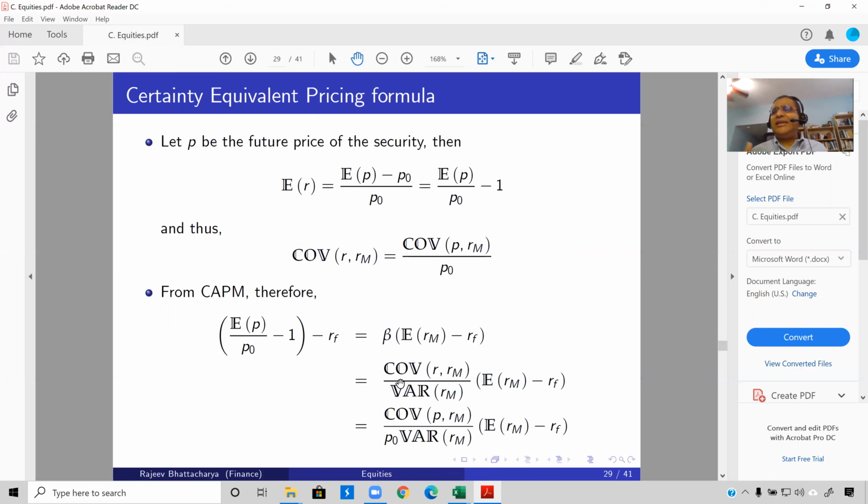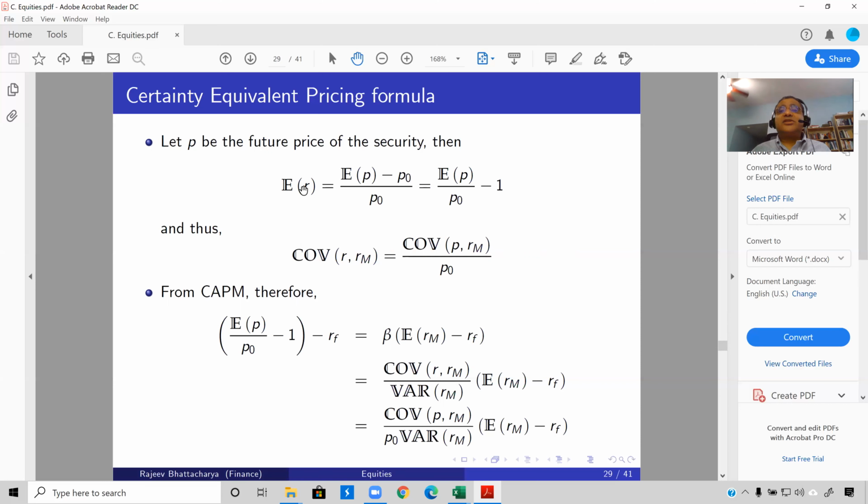So let's say the future price of the security is P. The expected return is, of course, future price minus current price P naught, divided by current price. You simplify this, it turns out to have this form, just an algebraic simplification.